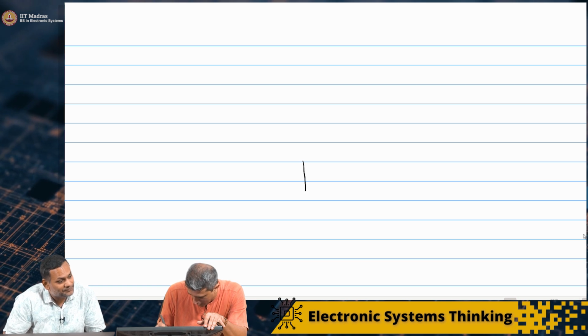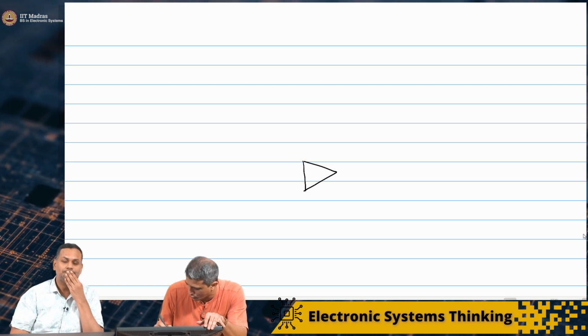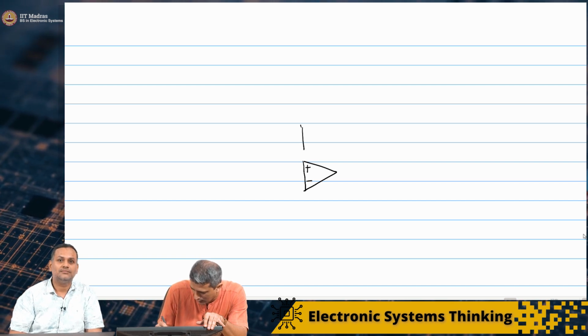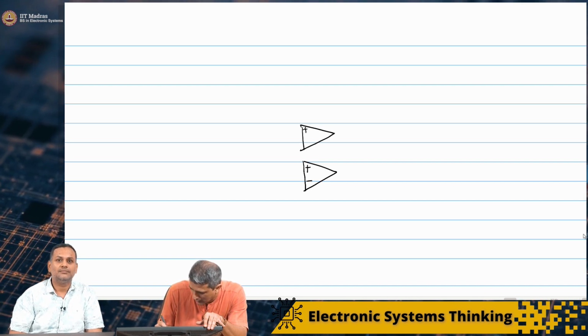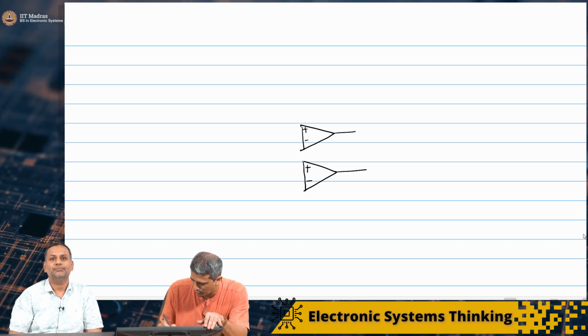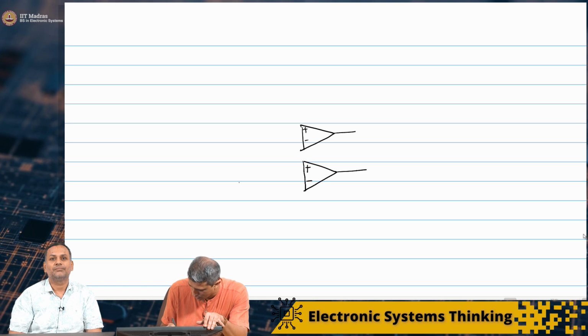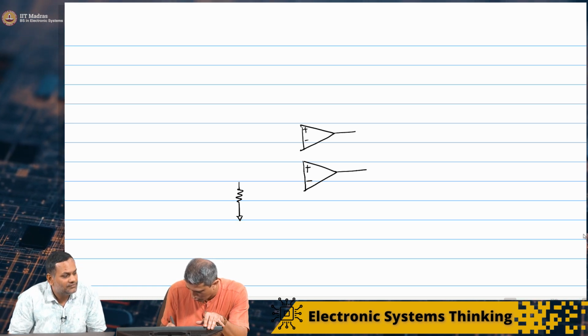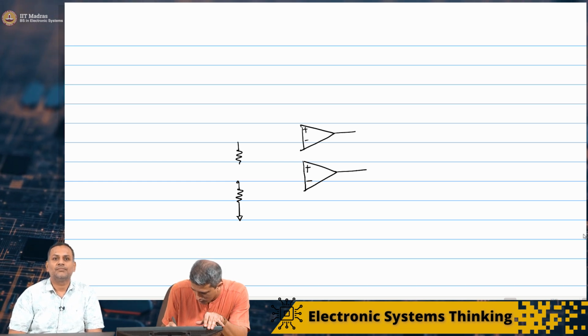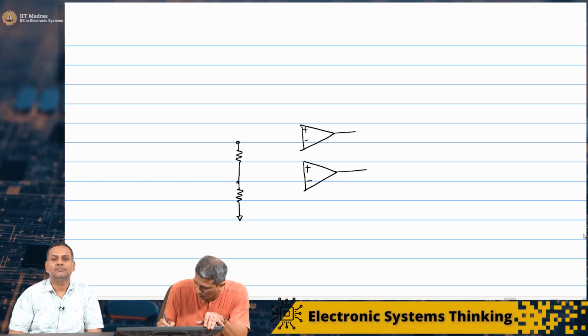So we are going to draw plus, minus for the comparators, and maybe we can even draw the resistor values right here. This is one resistor, second resistor.